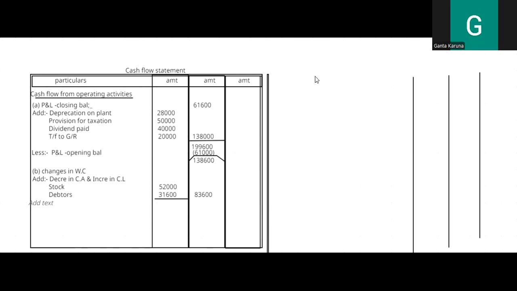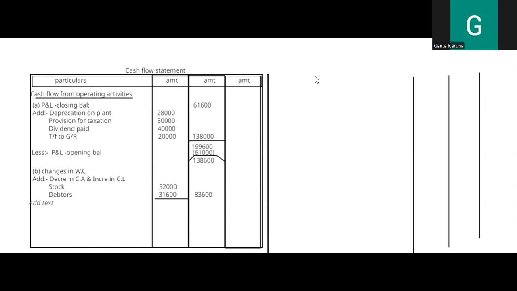Now increase in current asset and increase in current liability. So here we don't have any current assets and current liabilities. We got only two, and both are decreasing.